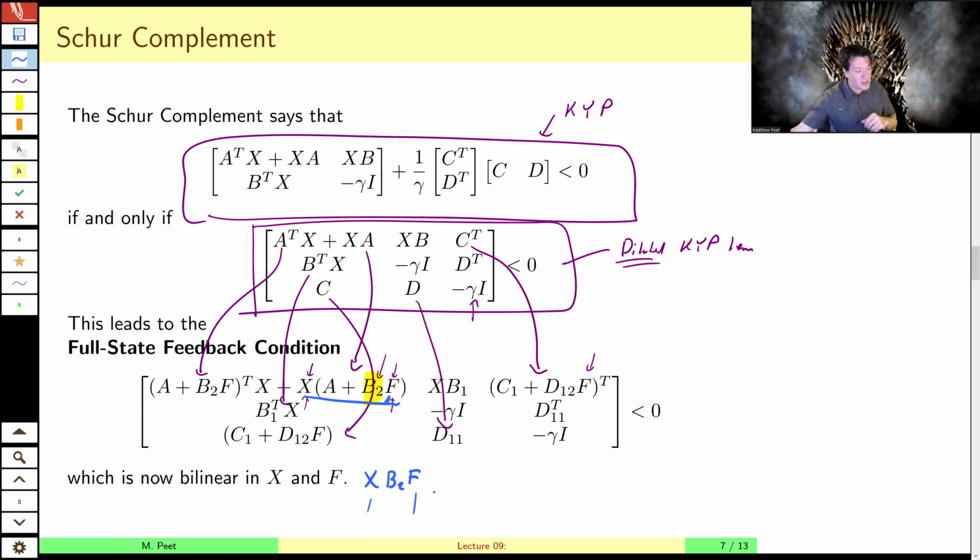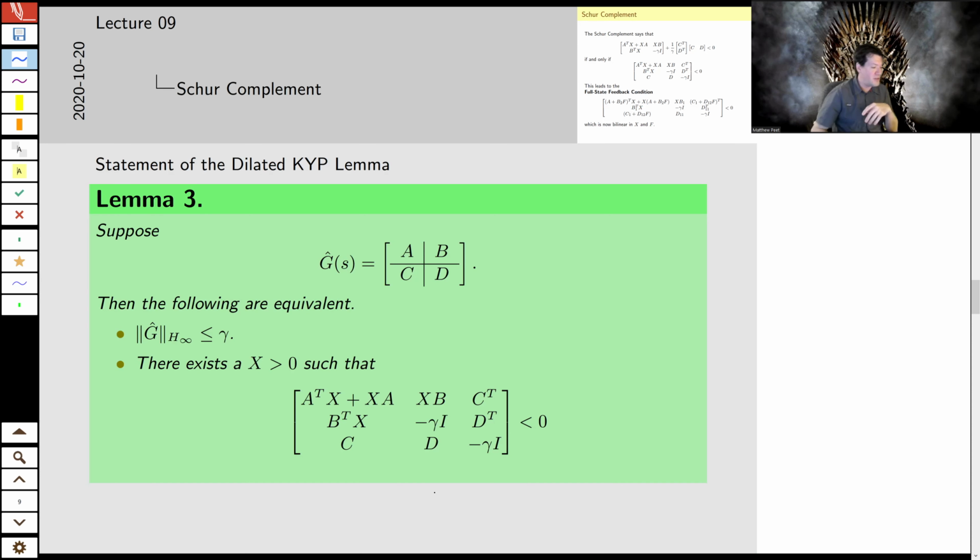Okay. In these notes, I just give a dilated version of the KYP lemma for reference, because this is independently helpful and useful. In fact, most people typically start with the dilated version of the KYP lemma, but we didn't because we didn't need it quite yet. But now we do, right?